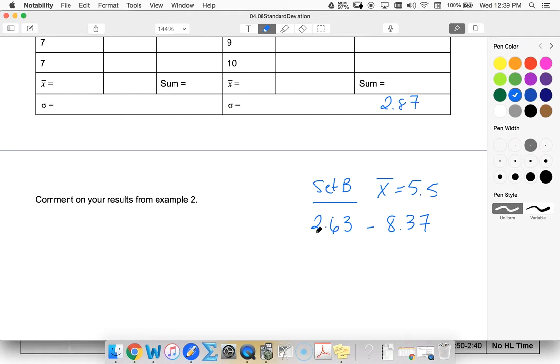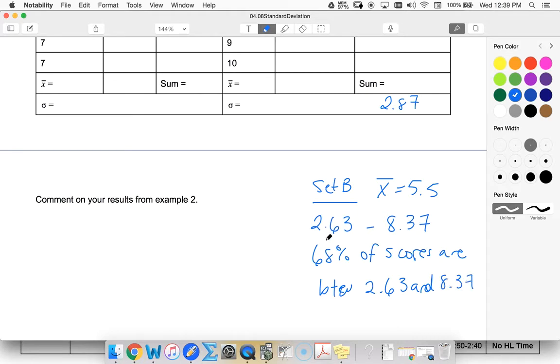So what we're saying is 68% of scores are between those two numbers, 2.63 and 8.37.